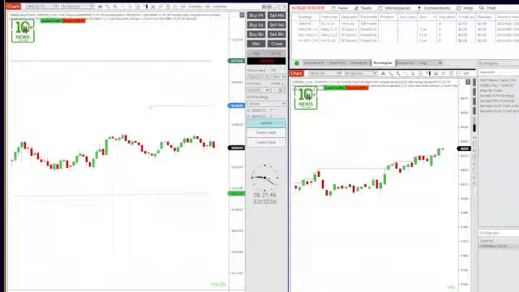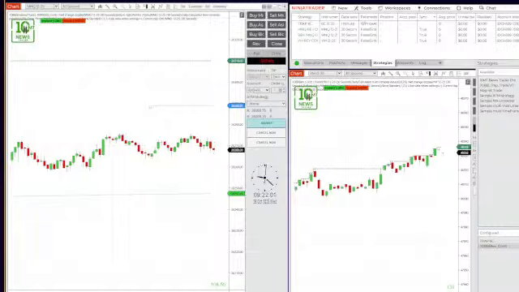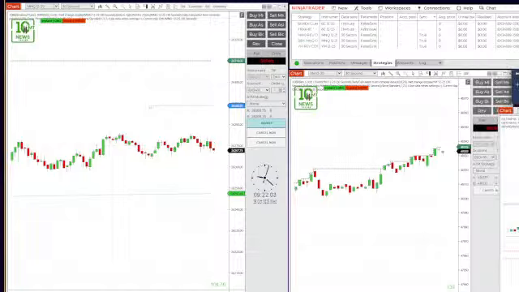And again, that's just a discretionary possible trade. 6C reverse continue. And that's not till 9:45, all right?